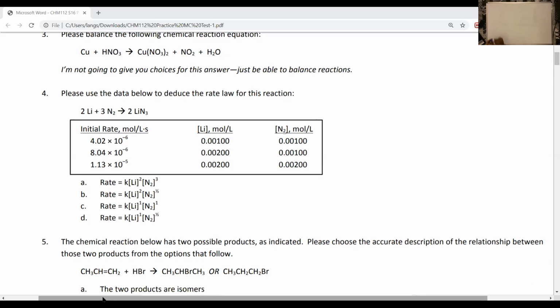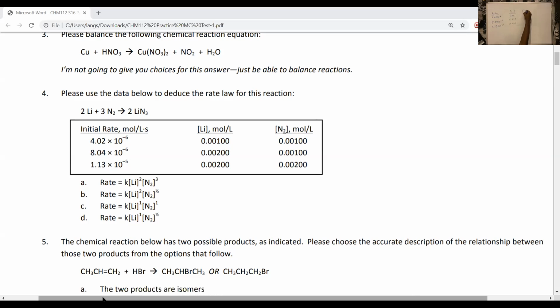So we're determining rate law. We got our table. So we got rate: 4.02 times 10 to the negative 6, 8.04 times 10 to the negative 6, 1.13 times 10 to the negative 5. And we got lithium: 0.001, 0.002, and then 0.002.